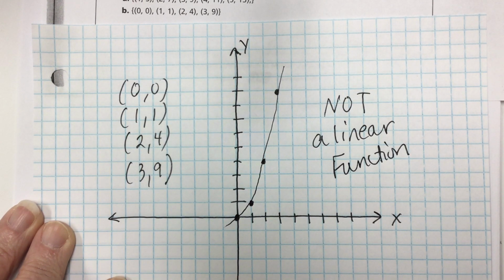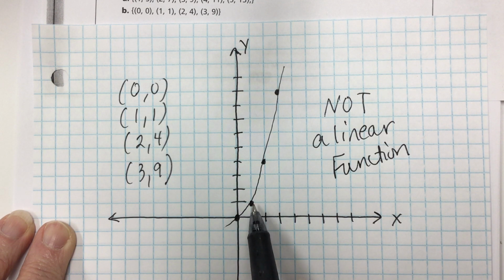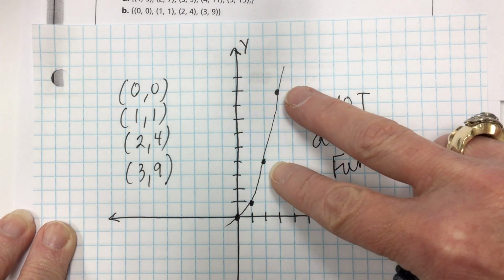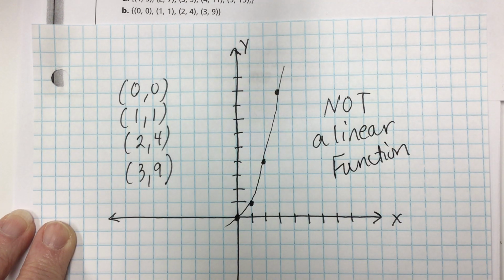The slope of this graph would not be constant. Your rise and your run are different between these two points, or these two. So when your slope is not constant, it is not a line, and therefore you do not have a linear function.